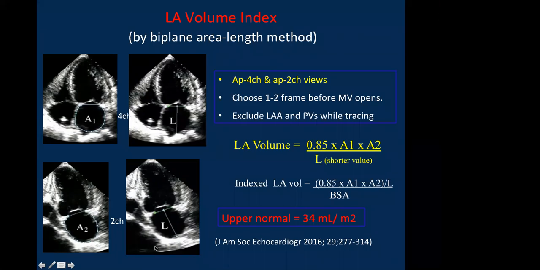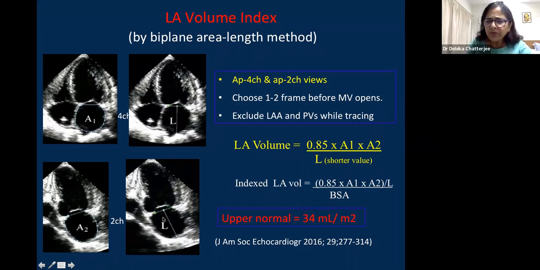Now, there are two values of length. Which one are we going to take? We are going to take the shorter value. If, suppose, this is 5.4 and this is 5.3, we are going to take 5.3.